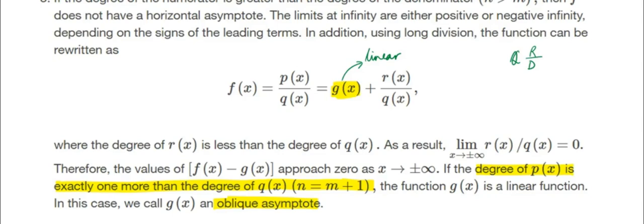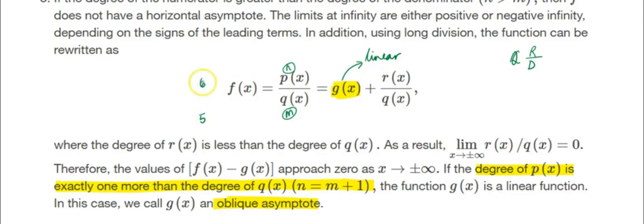And this is usually the case when the degree of the numerator, n here, is exactly one more than m here. So if m was 2, this must be 3, because this is exactly one more than m, then you can expect this linear setup. Or if this was 5, then this must be 6.